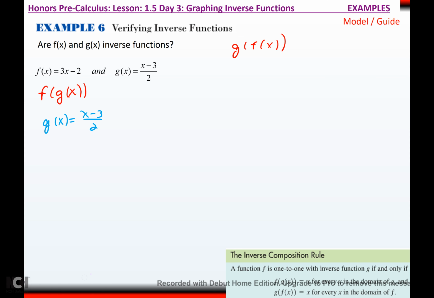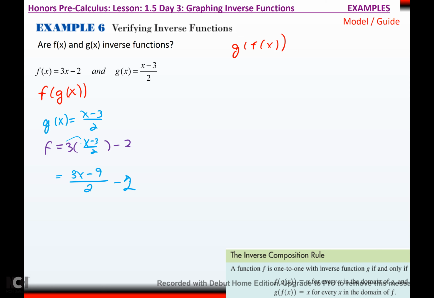Taking it to f, f says 3 times whatever you brought minus 2. I brought x minus 3 over 2. So this would give me 3x minus 9 over 2 minus 2.